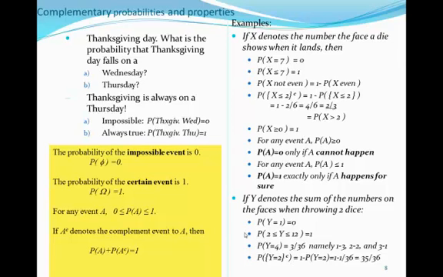The probability that Y equals 4, that the sum of the 2 faces equals 4, is 3 out of 36. It could be the combination 1 and 3, 2 and 2, or 3 and 1.